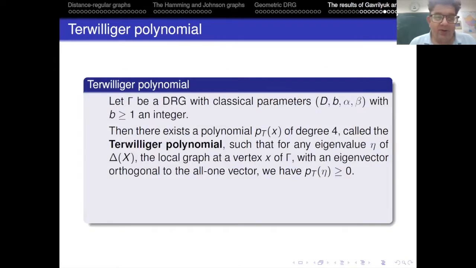Let gamma be a distance-regular graph with classical parameters b, alpha, beta, with b at least an integer.